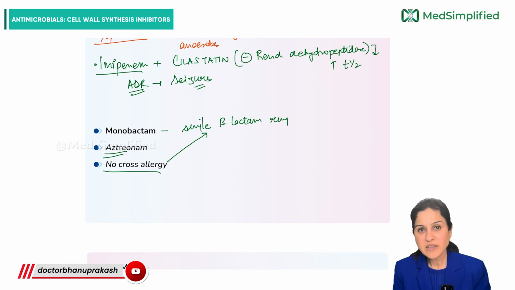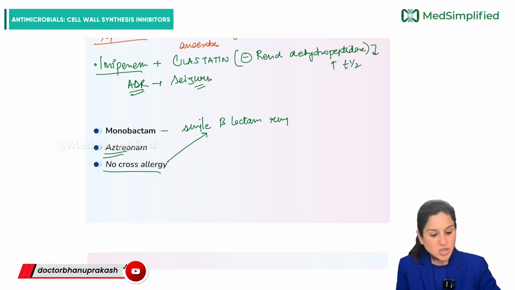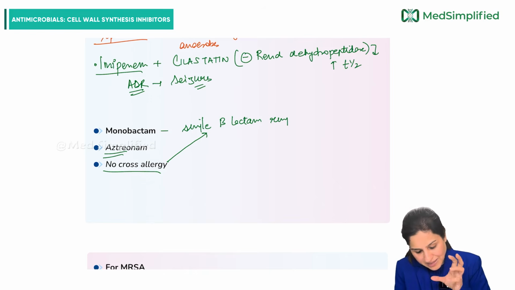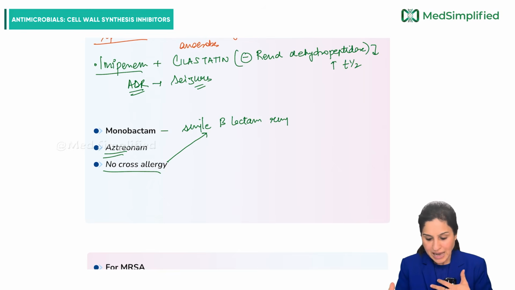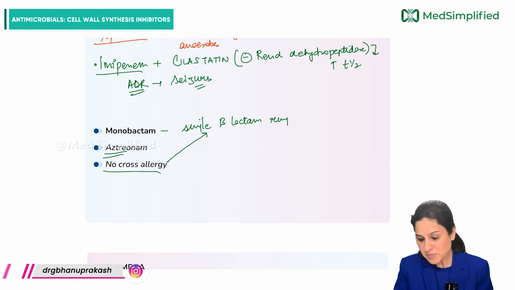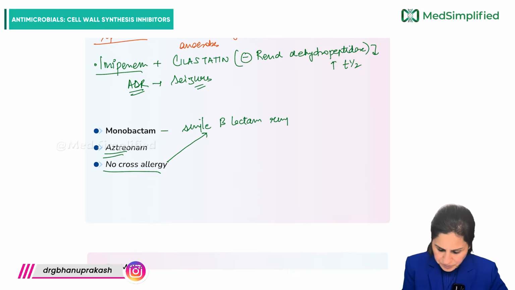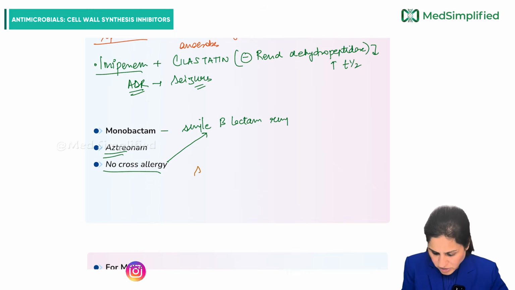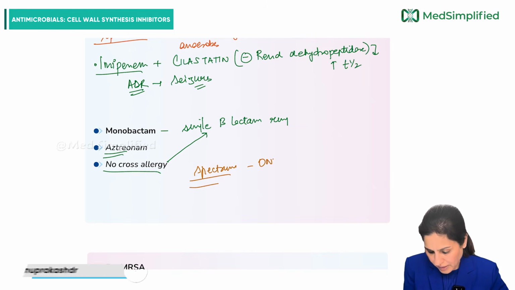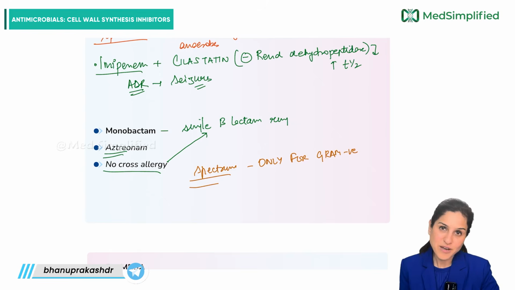If you give a beta-lactam and the patient develops a hypersensitivity reaction to that, you cannot give any other beta-lactam except monobactam, because it has a structural difference from these beta-lactams and can be used if there's an allergy with those drugs. So it has no cross allergy as such. But remember, its spectrum is only for gram-negative organisms. That you have to remember.